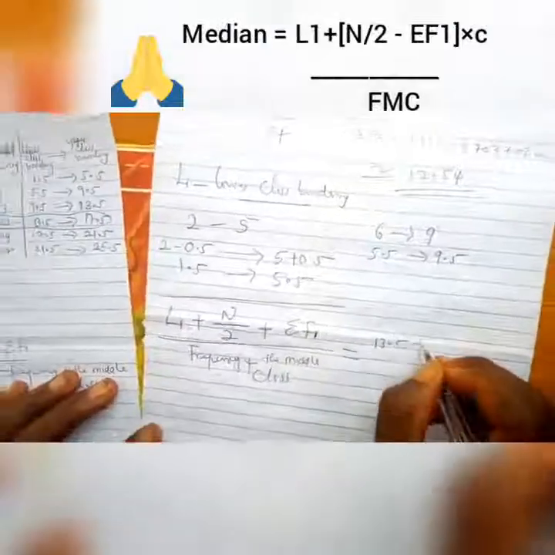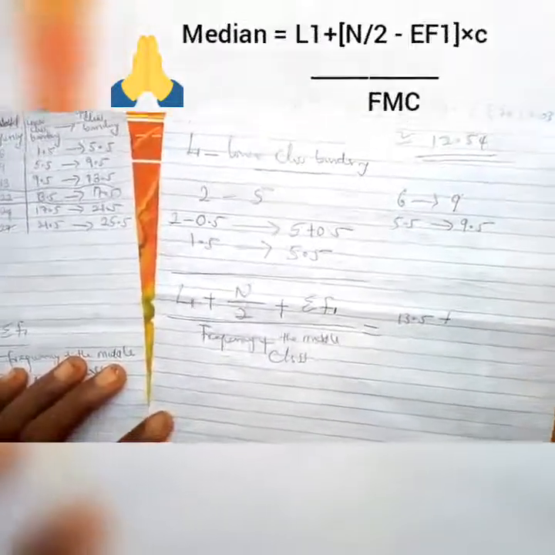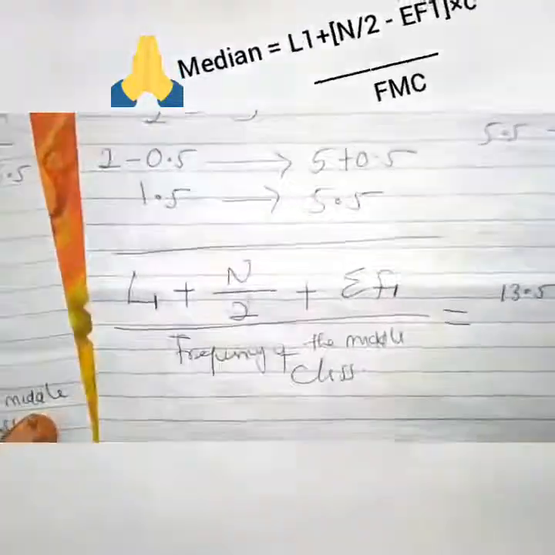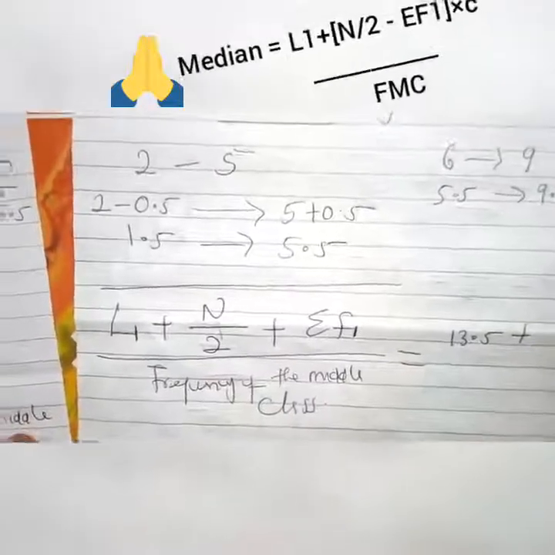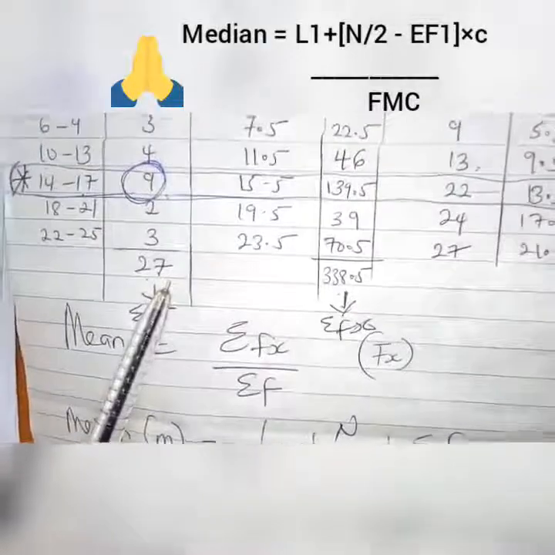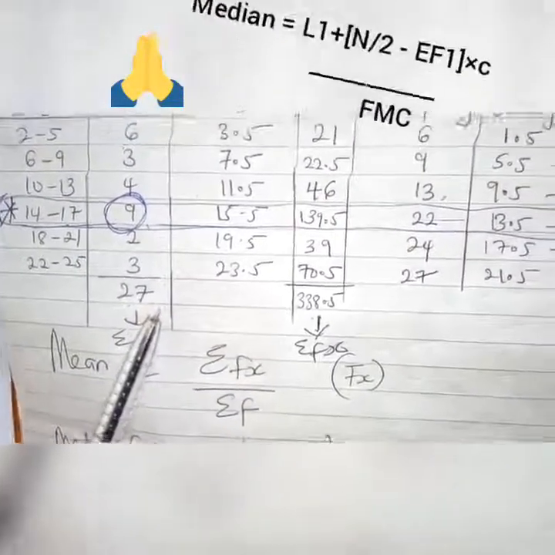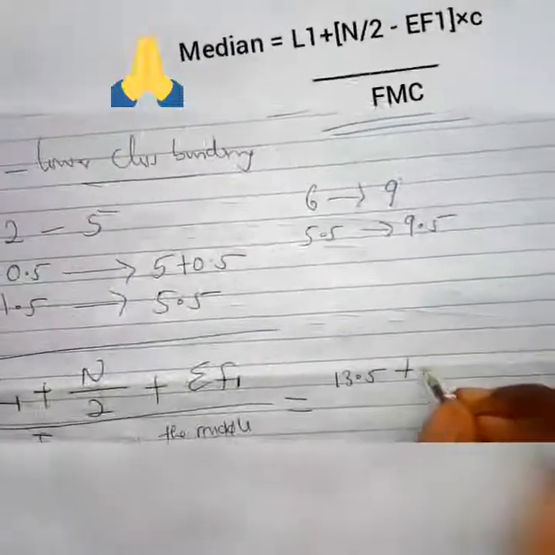N in statistical data simply means number. I hope you get that. The number of the frequency. You understand? And the number of the frequency here is what? 27. We're having 27 here as the number of our frequency. That makes it plus 27.